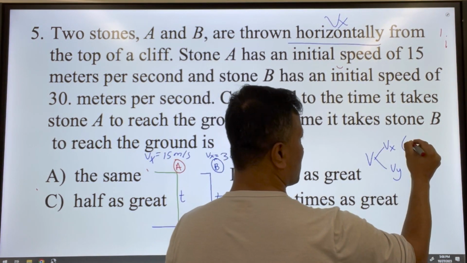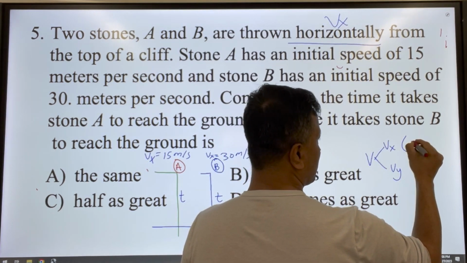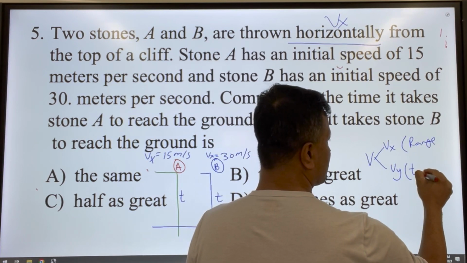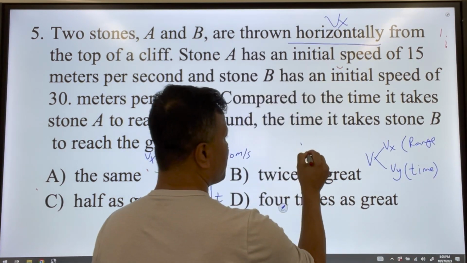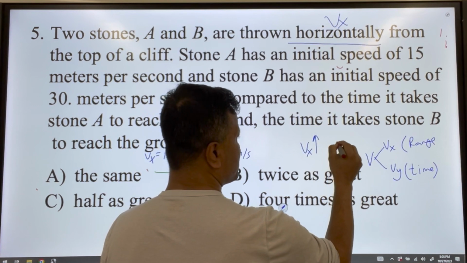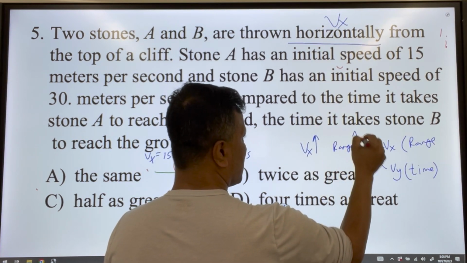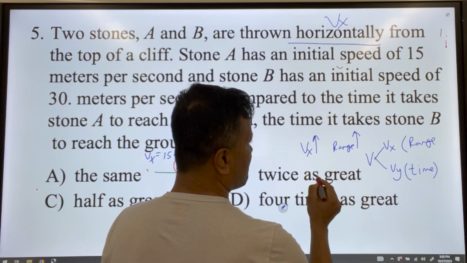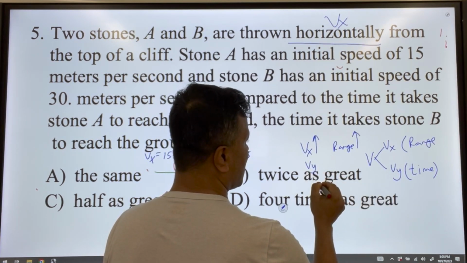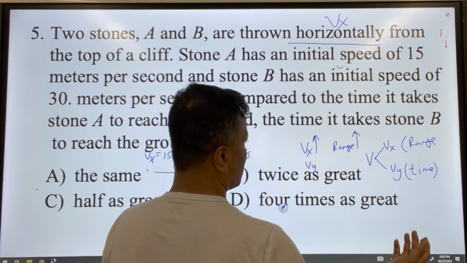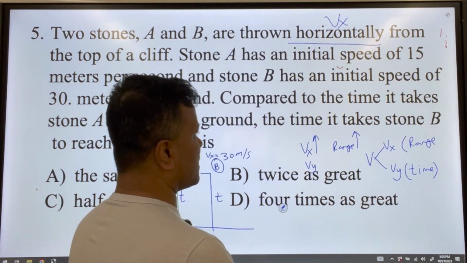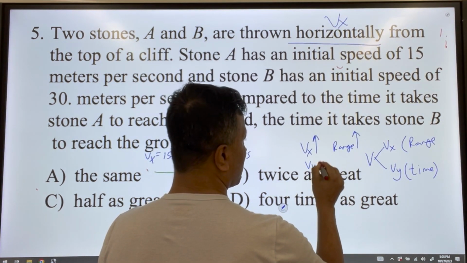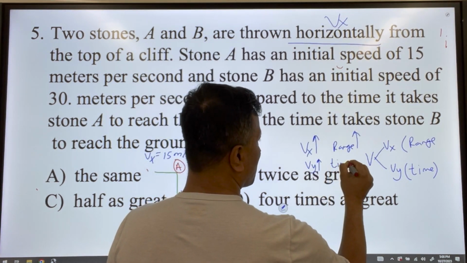Vx is responsible for the range, and Vy is responsible for the time. Big Vx is big range. Big Vy takes a small time. If you have a big Vy, that takes a small time.